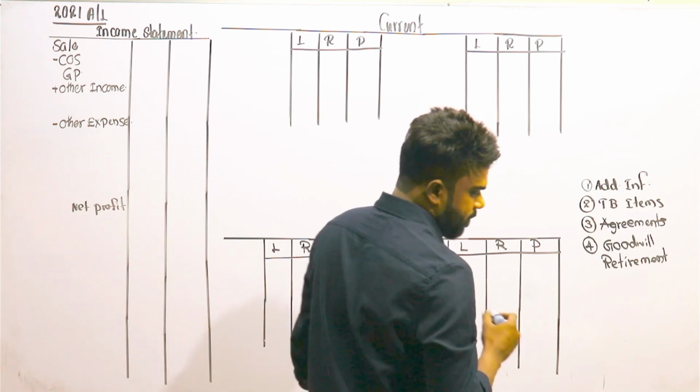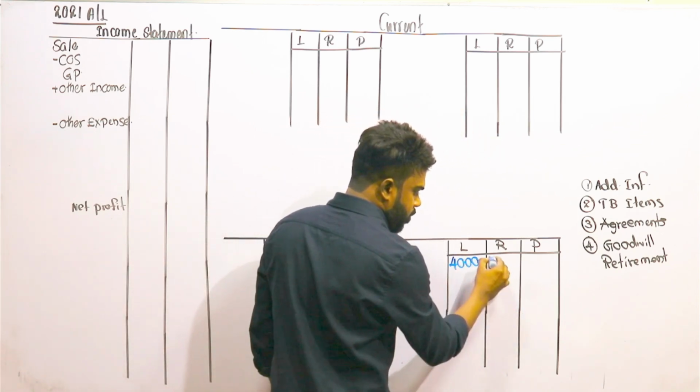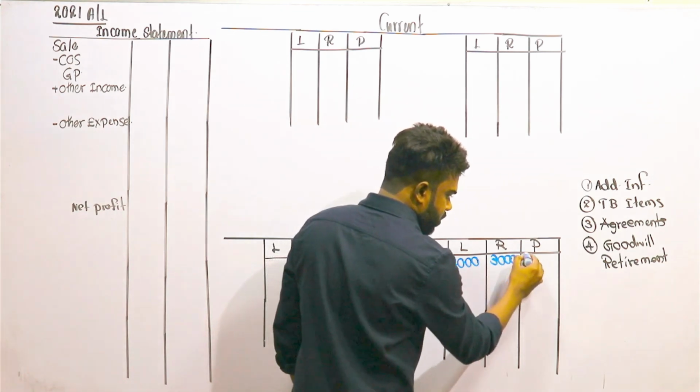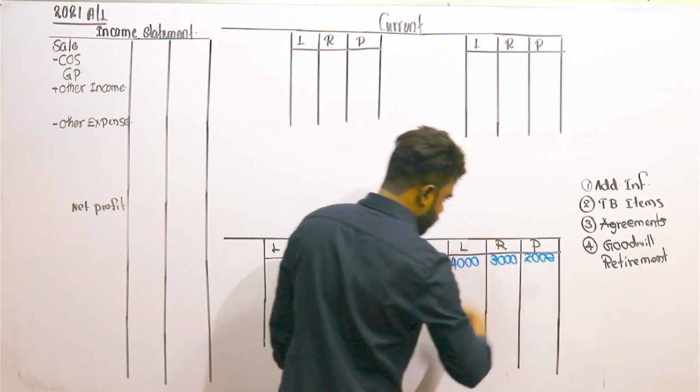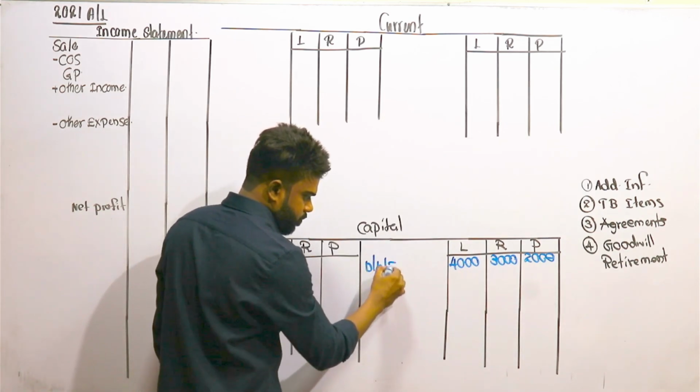Capital account opening balances 4,000. We are doing it in thousands now. 3,000, 2,000. Balance brought down.